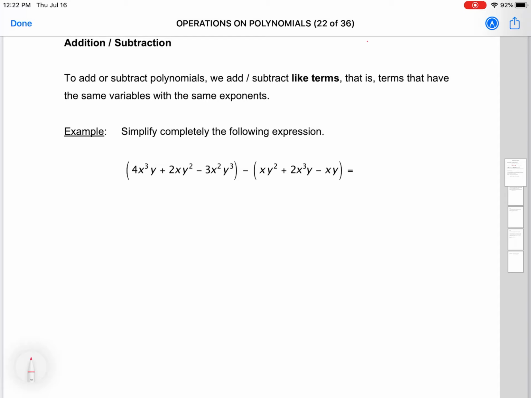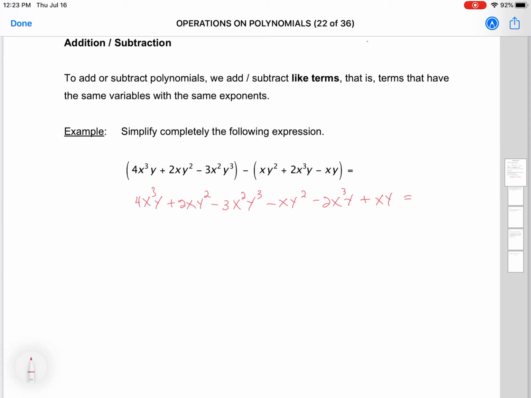So for something like we have here, we want to remove the brackets by simply changing the signs of all the terms in the second bracket, because it actually has a minus in front of it. So that becomes minus xy squared minus 2x^3y and plus xy.